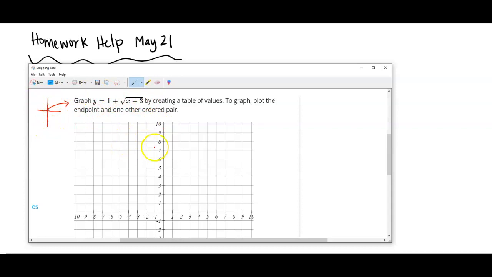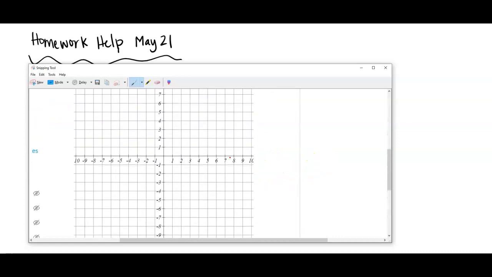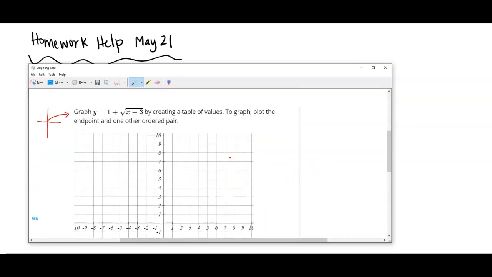Also, on the homework you sometimes have to click on which choice it is. If it's an x squared, you click on the parabola. If it's a straight line, you click on that one. So first of all, remember this is going to have this square root shape to it.